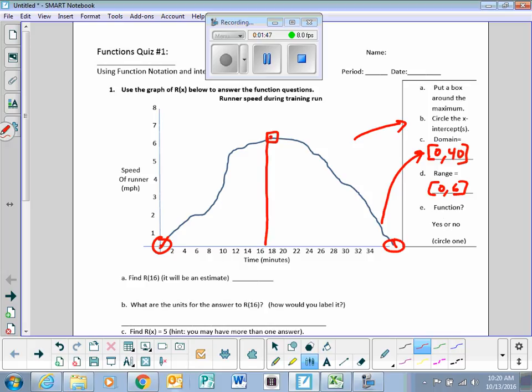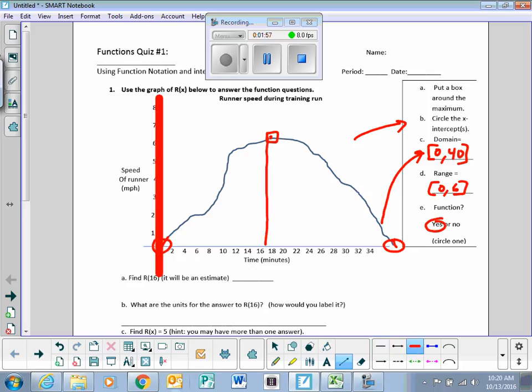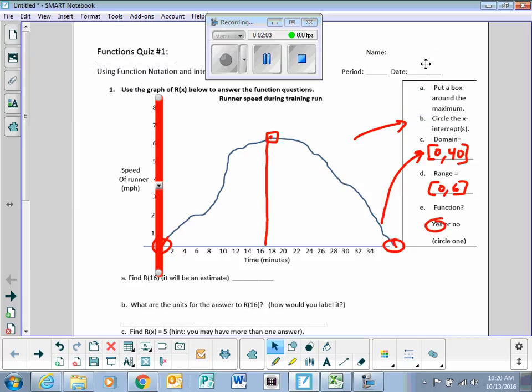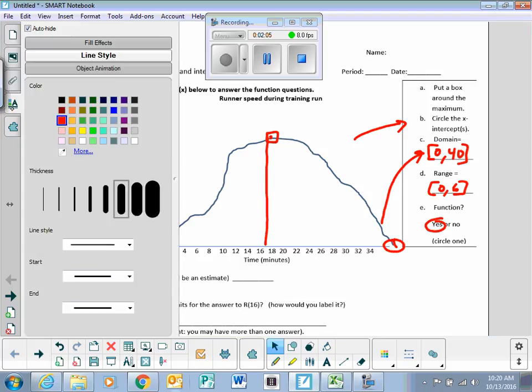Is it a function? Yes. It would pass the vertical line test. So if I were to put a vertical line on the page, does it ever cross more than one place at a time? And the answer is no. So let's make that a little thinner.